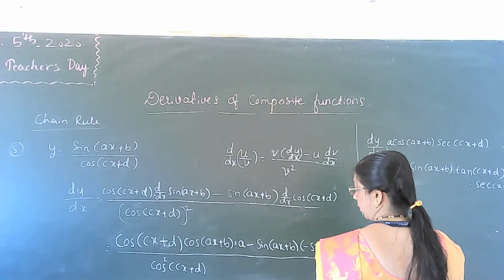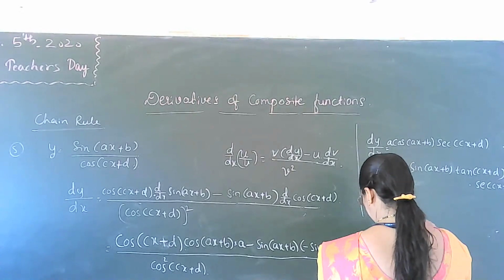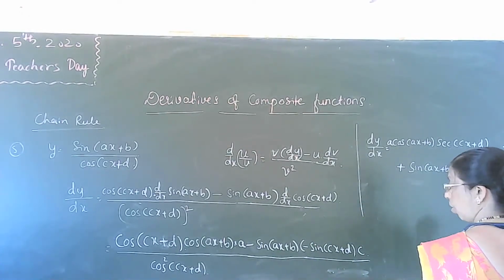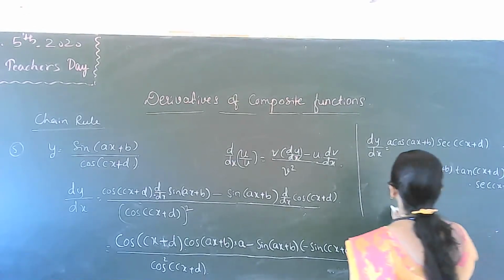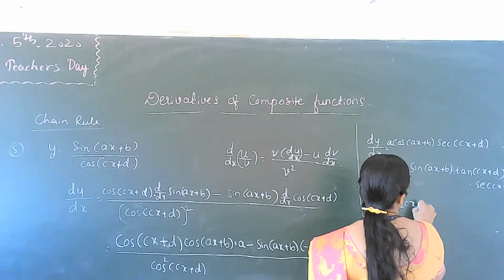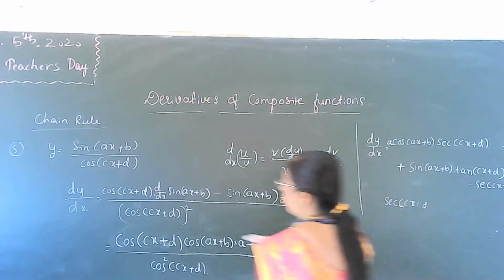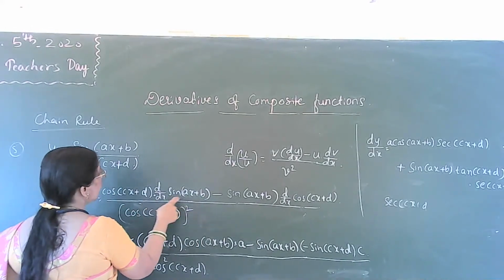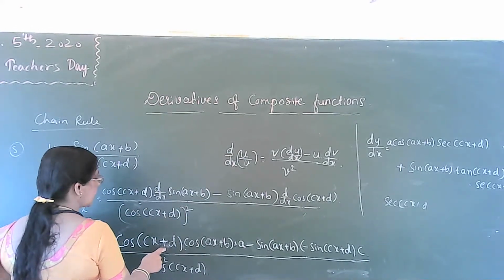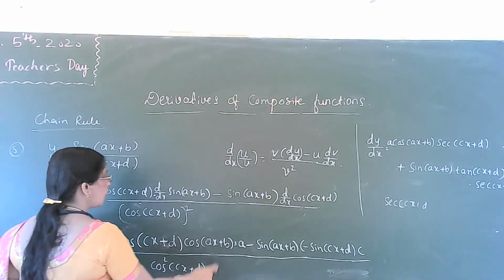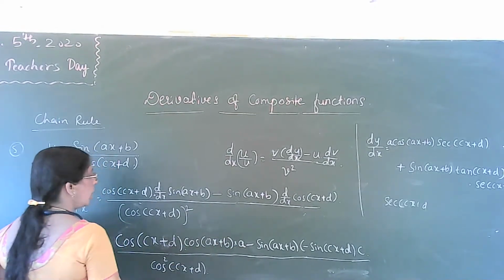Sec cx plus d is common here. You can take this one also. Find the cos of cx plus d into d by dx of cos of ax plus b into a.